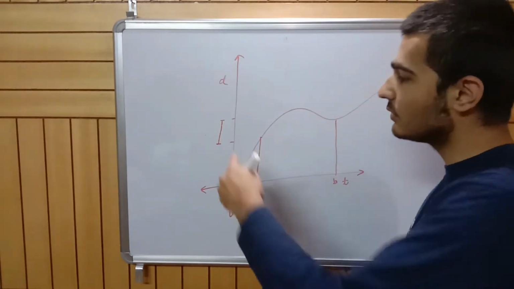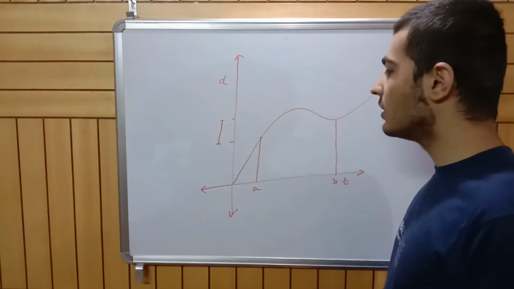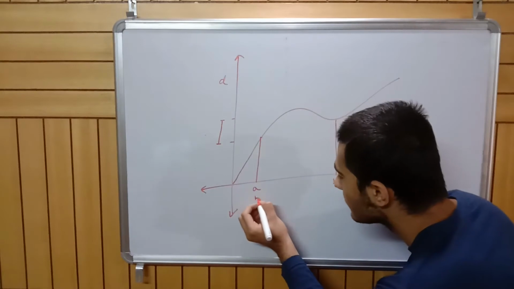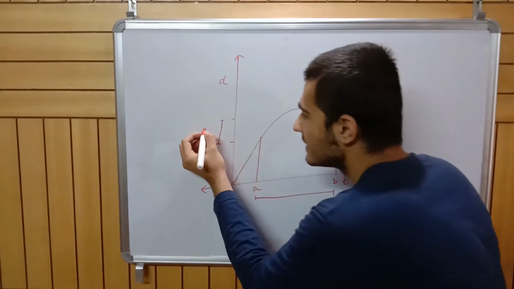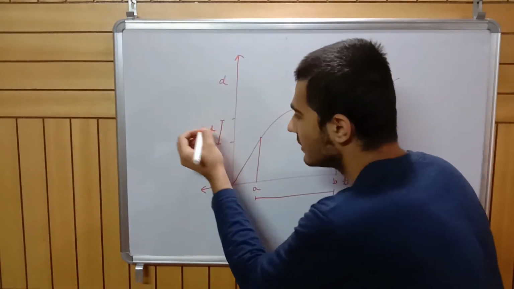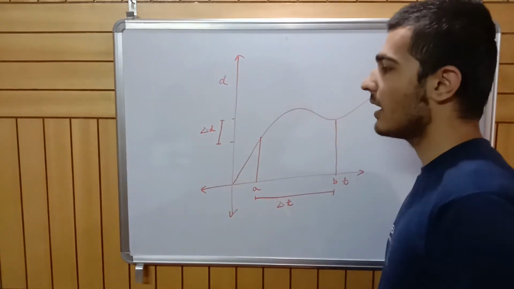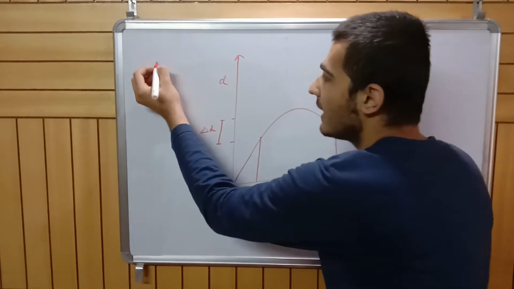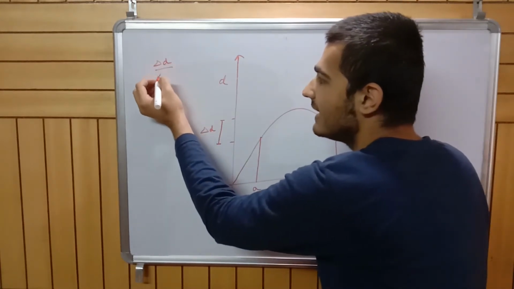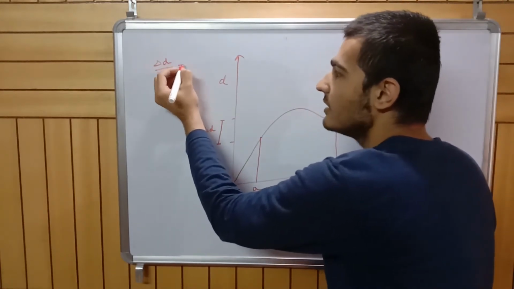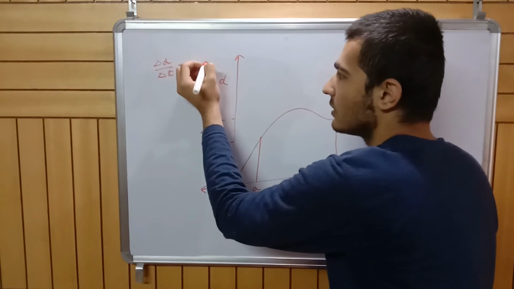This is delta d, change in distance, and this is delta t, change in time. If I divide delta d by delta t, what I get is the average velocity.